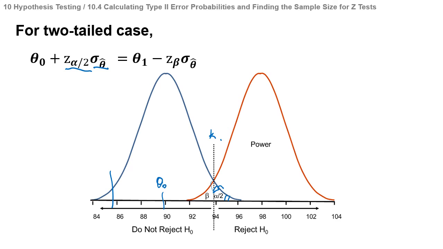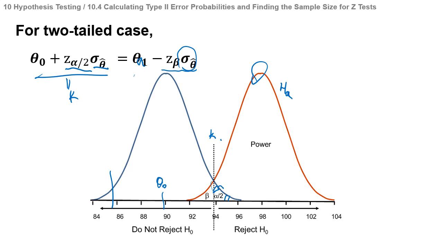From the alternative distribution side, under H alternative, theta A minus z beta times standard error of theta hat is k.